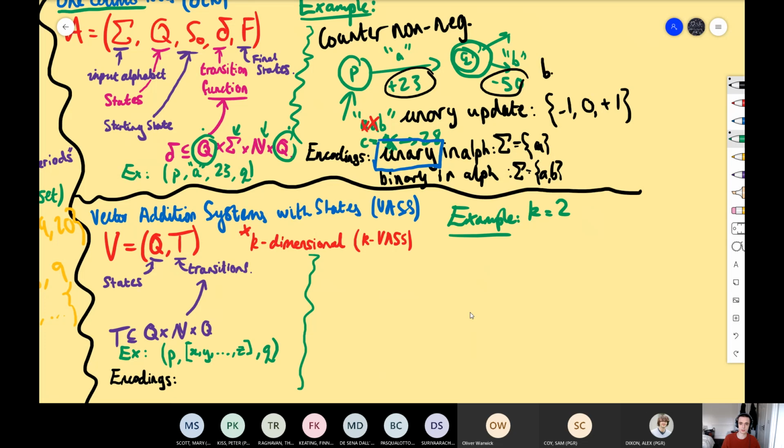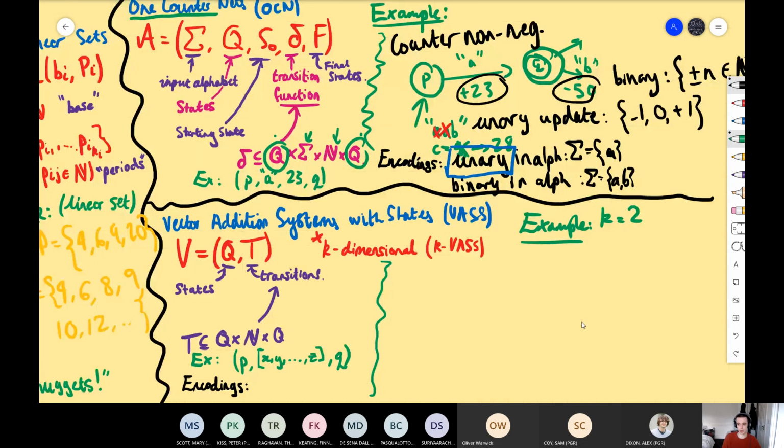And then a binary update is you can take or remove anything. So this is like plus minus n, any natural number. The idea is that we imagine keeping the encoding small by writing these numbers in binary, whereas for the unary case, we don't really care. We can represent it with a bit or two. I hope this makes sense.